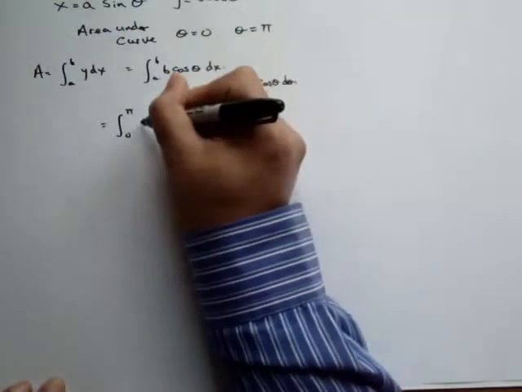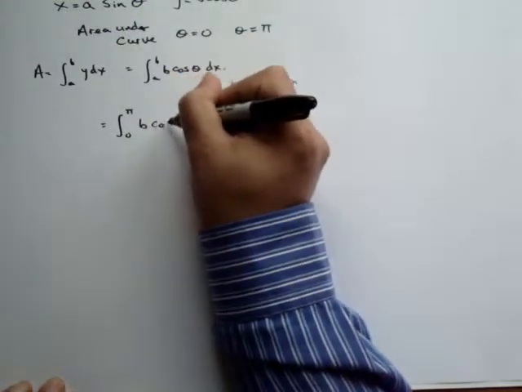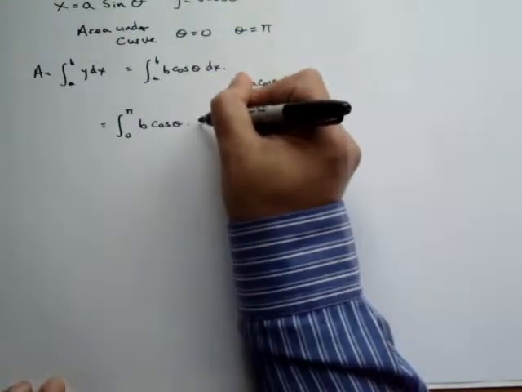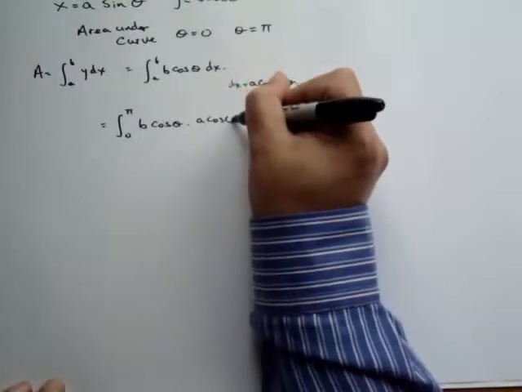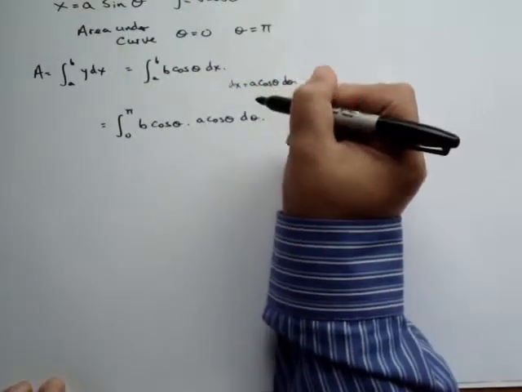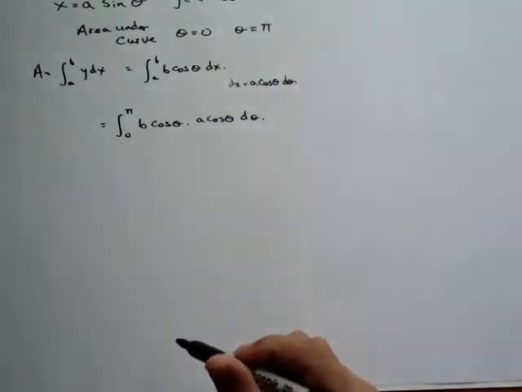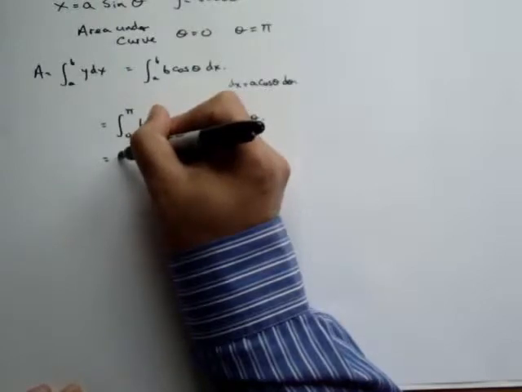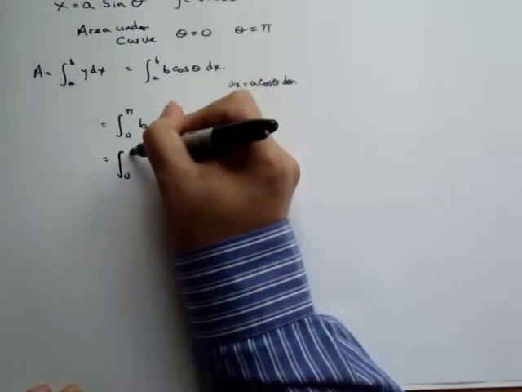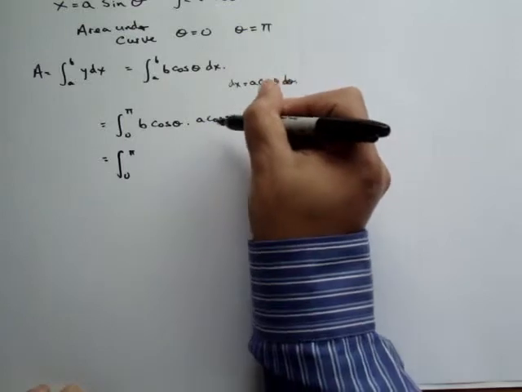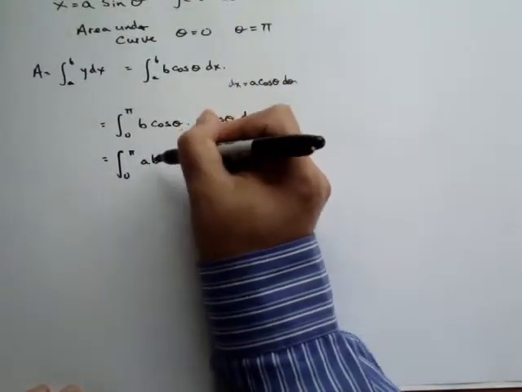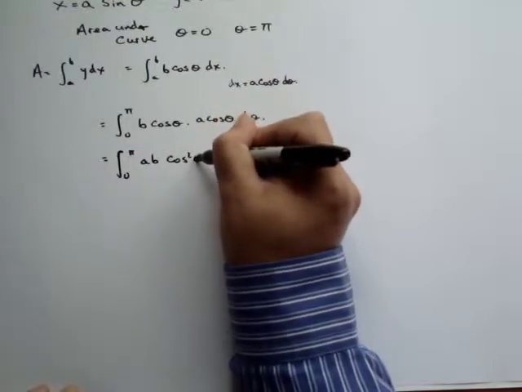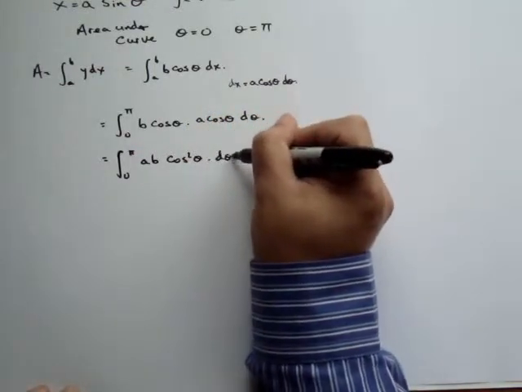So this was b cos theta dx, so this is b cos theta, and dx was a cos theta d theta. And now we're ready to do our integration, so let's tidy this up. So this is the integral between 0 to pi, and then our a and b come together, ab cos squared theta d theta.